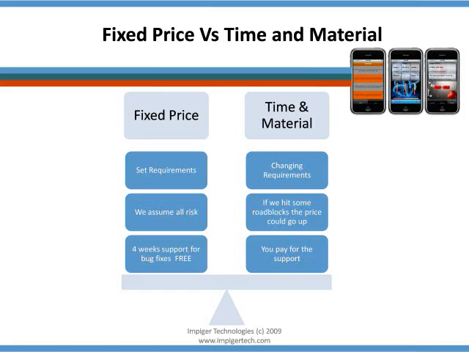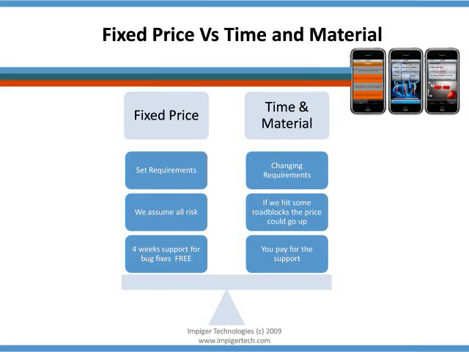Now, a lot of times people have questions about whether to go for fixed price or the hourly rate. So there is no right answer. We have the flexibility at Impiger for the customer to choose between the fixed price development or a time and material contract. Now, as you can see, both have some advantages and some disadvantages.